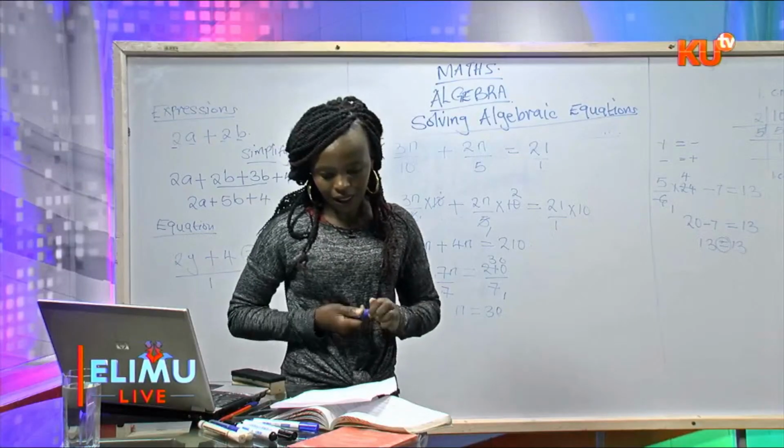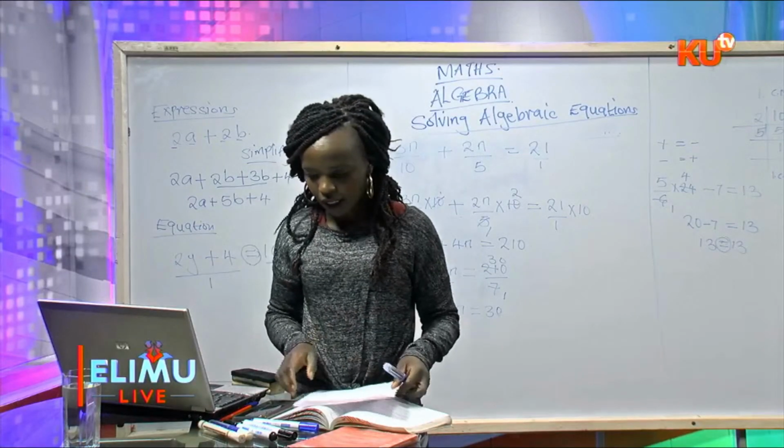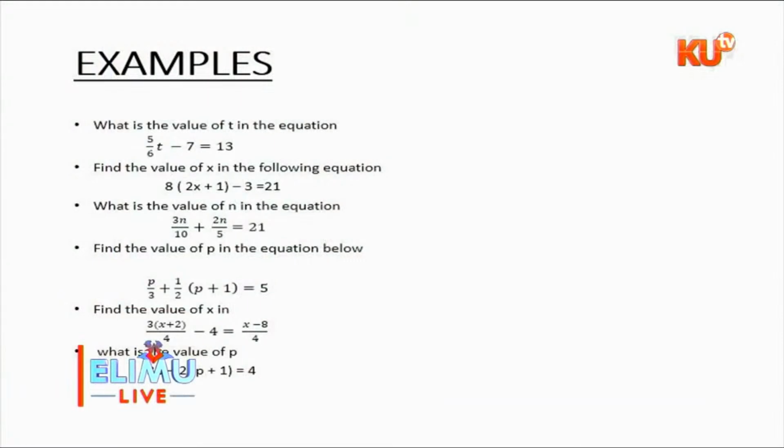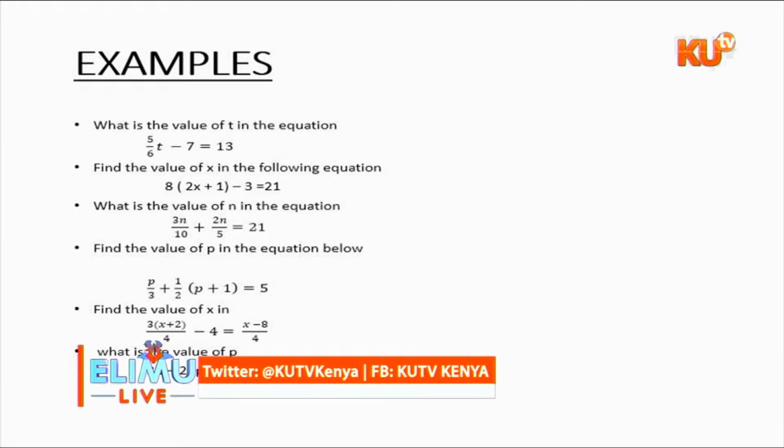I want us to do another example that is a bit different from what we have done already. Example number 4. We are told, find the value of P in the equation.